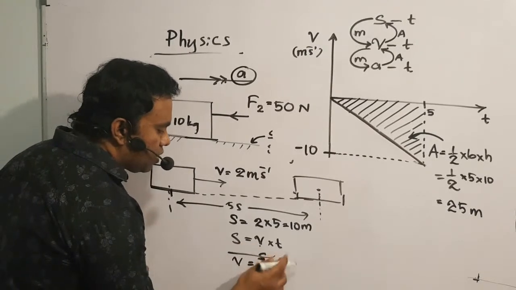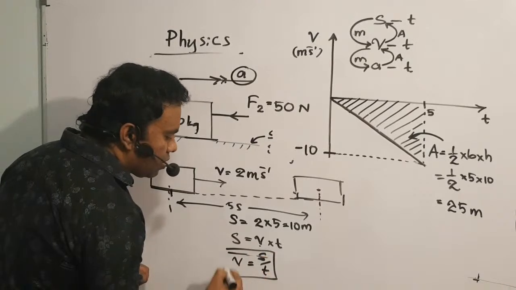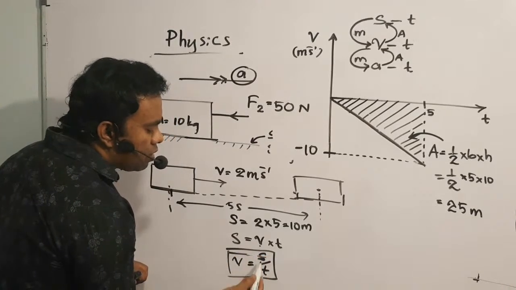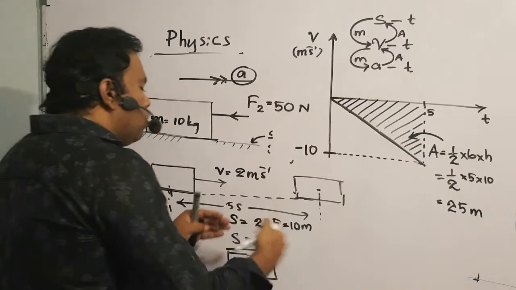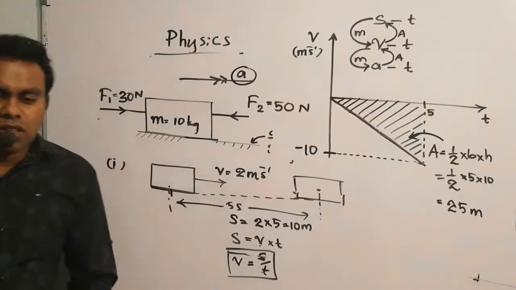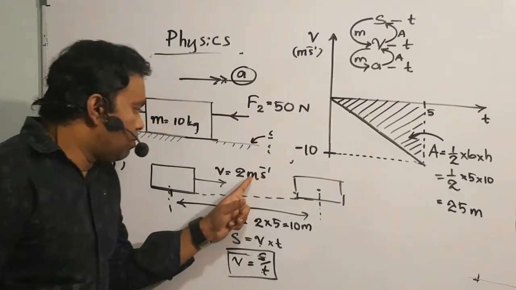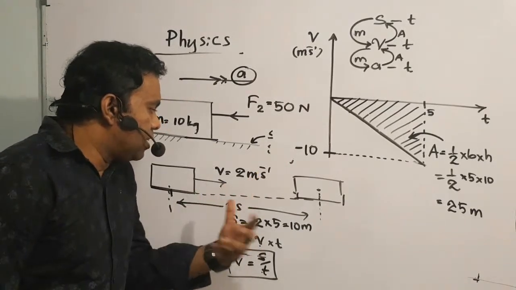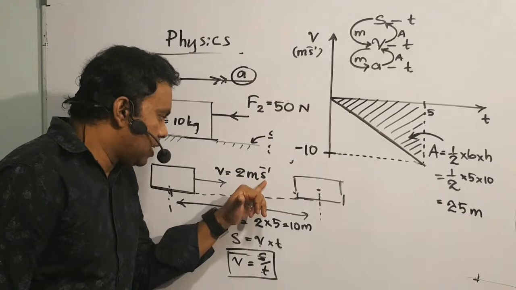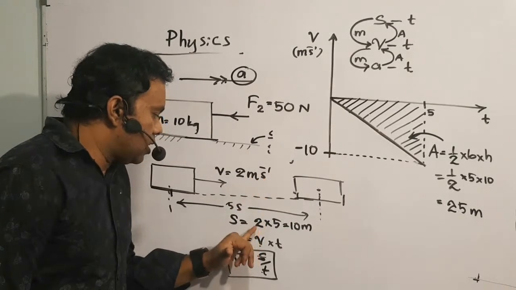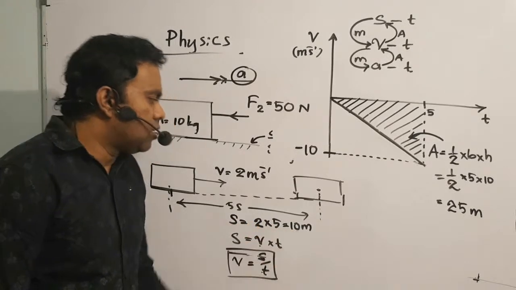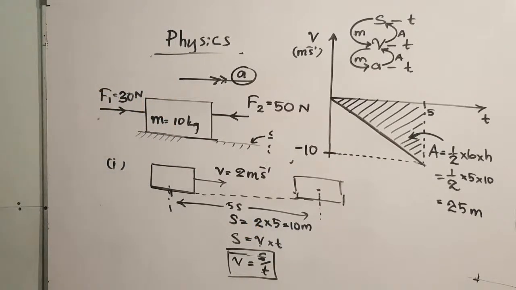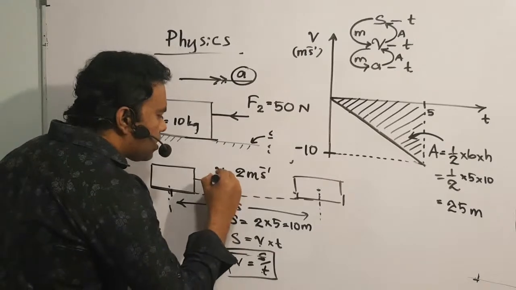That's the basic equation: velocity equals displacement per second. So you have applied your general knowledge. If 2 meters of displacement happens within a second, within 5 seconds that displacement will be 2 times 5. That means 10 meters, because of the constant velocity.